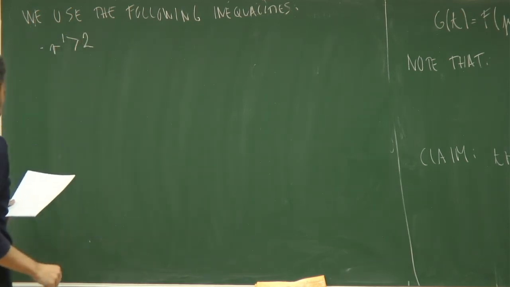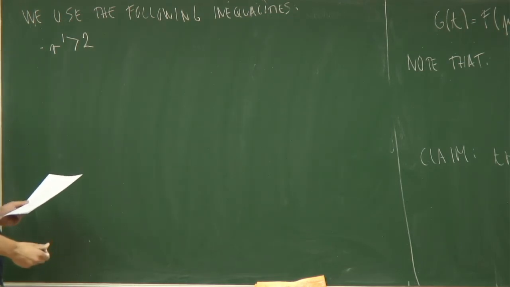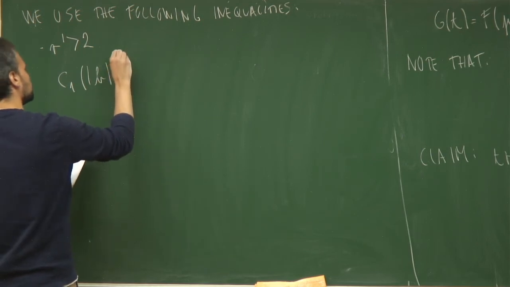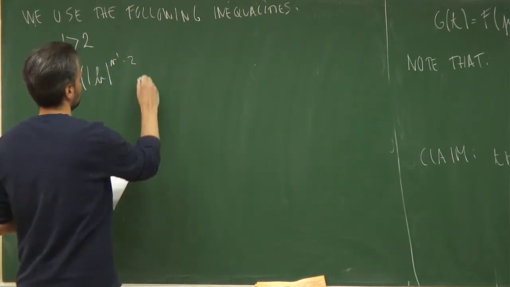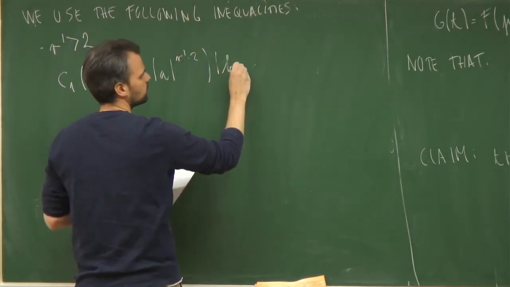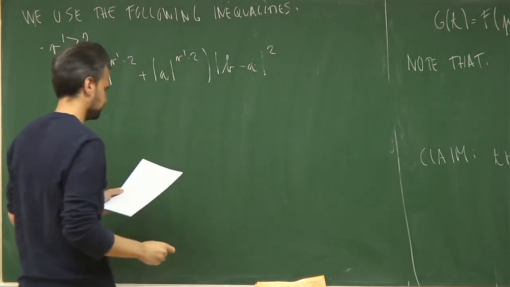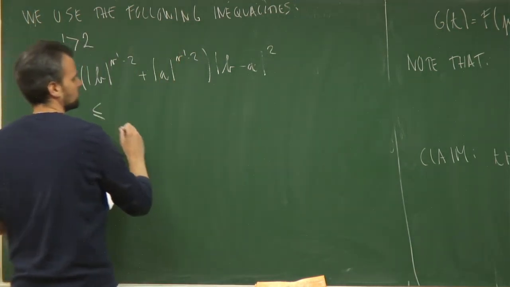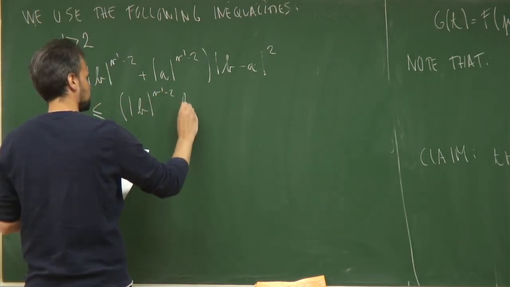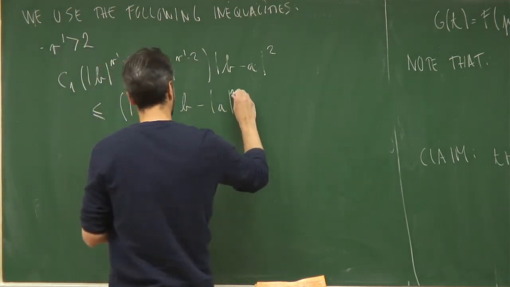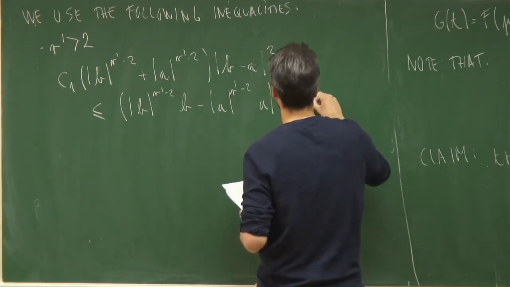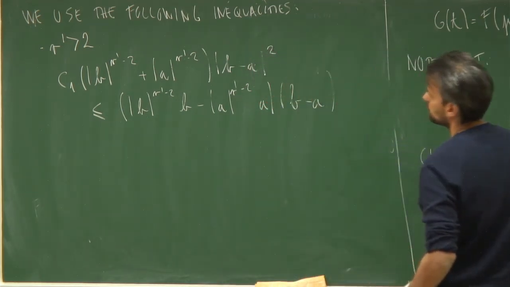In the first, r is bigger than 2, which is also called a dilatant fluid. So C1 times |B − A| to the power r, less than or equal to (|B|^(r−2)B − |A|^(r−2)A)·(B − A).